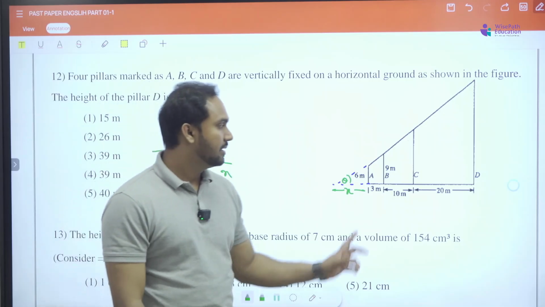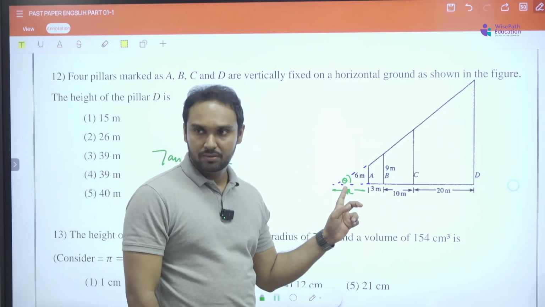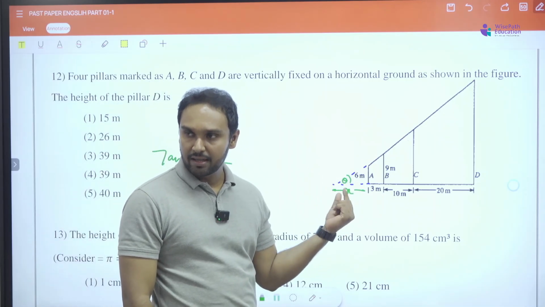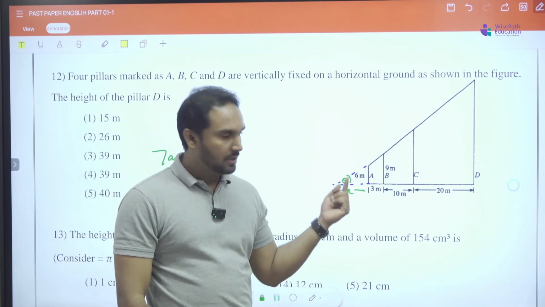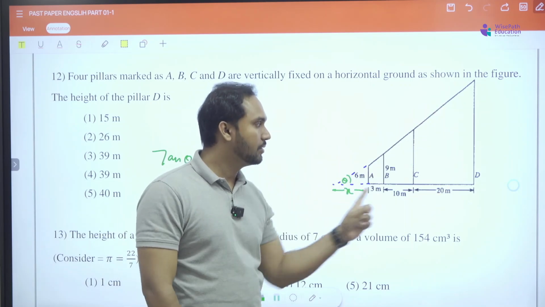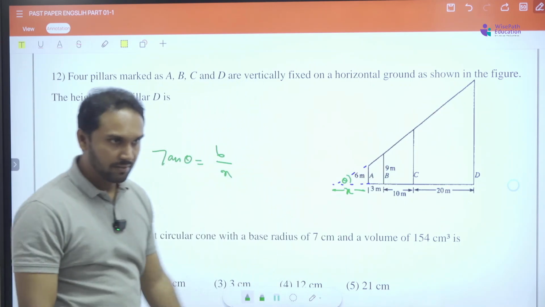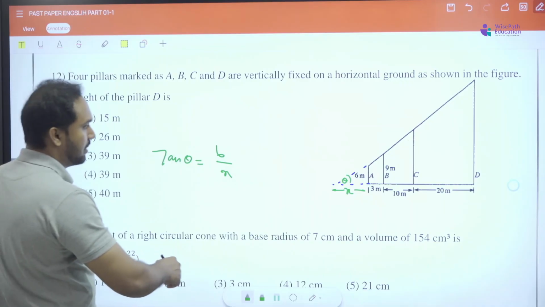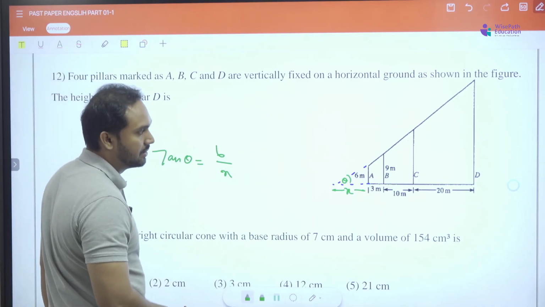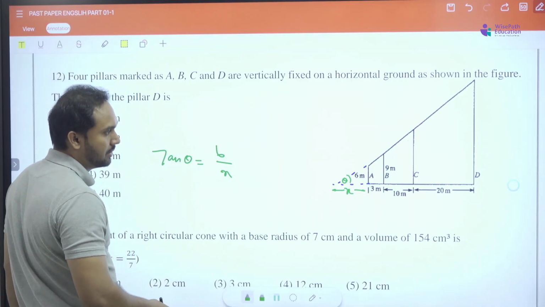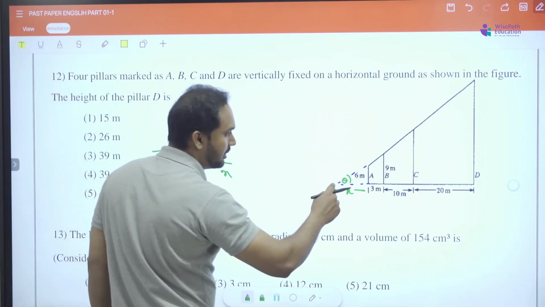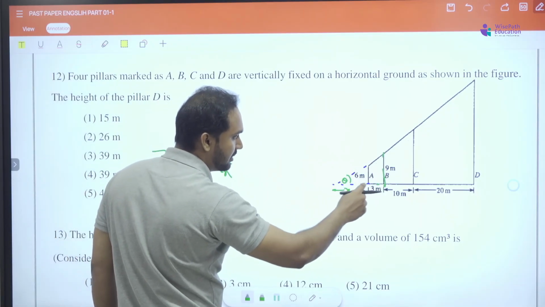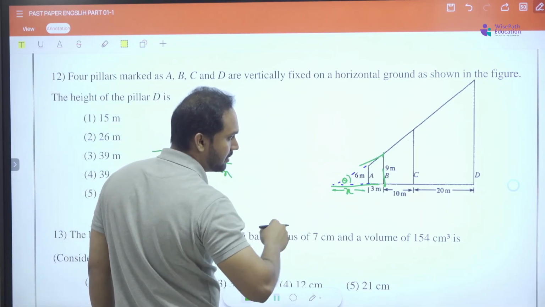Once you find the x, you can get a value for theta, and using that theta, you put it to the whole triangle, so you get the value of d. So I'm going to put tan theta to the next triangle, this large one.